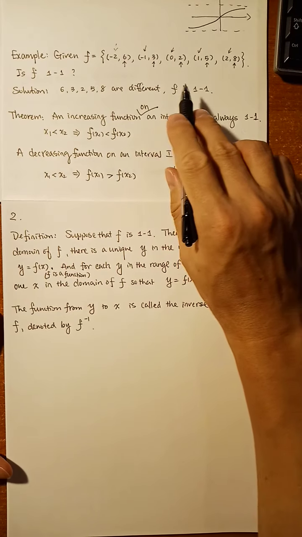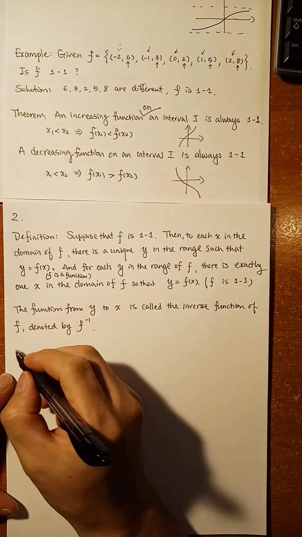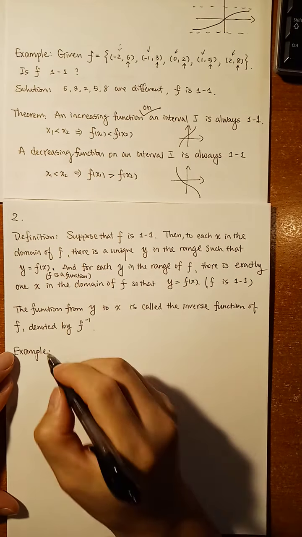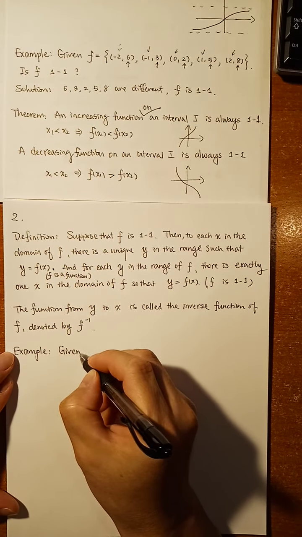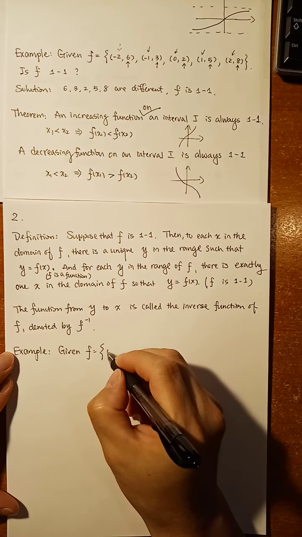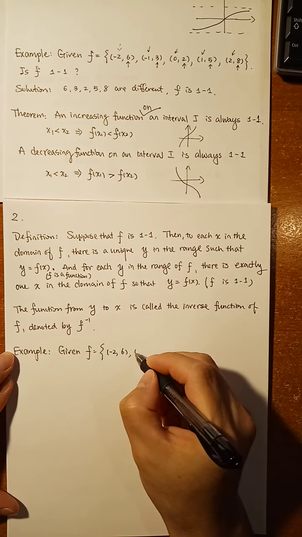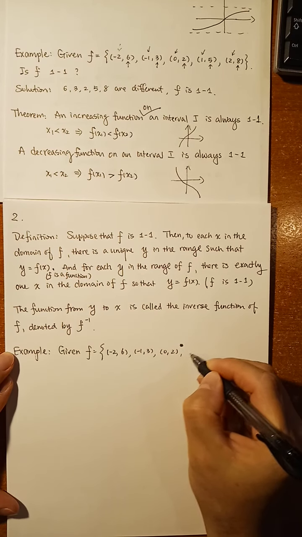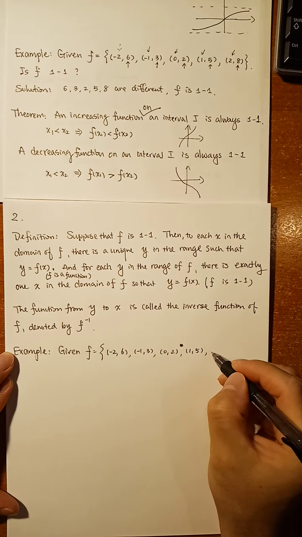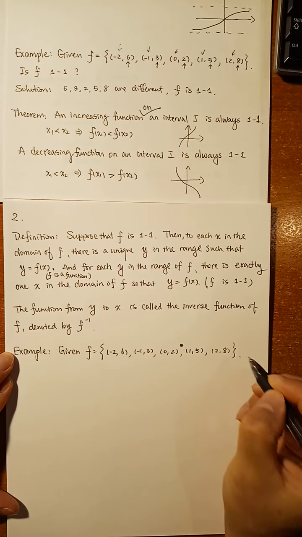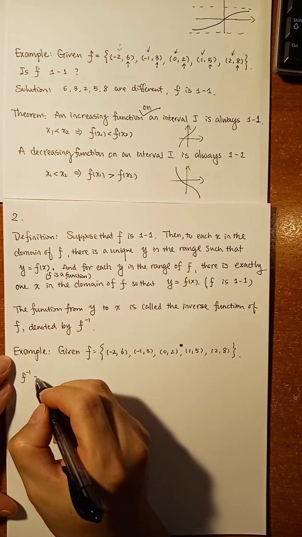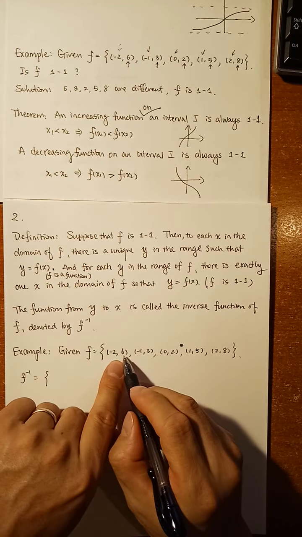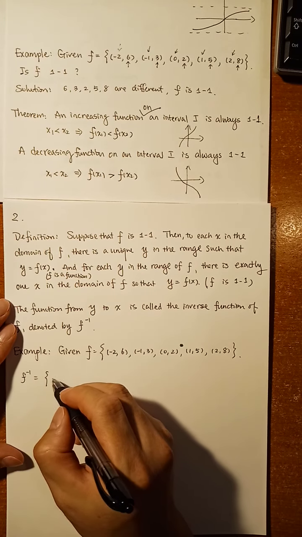For example, let's recycle this example. Given this function f, we have negative 2, 6, negative 1, 3, and 0, 2, 1, 5, and 2, 8. Then what is f inverse? For f inverse, we first start from the original output. 6 is output.